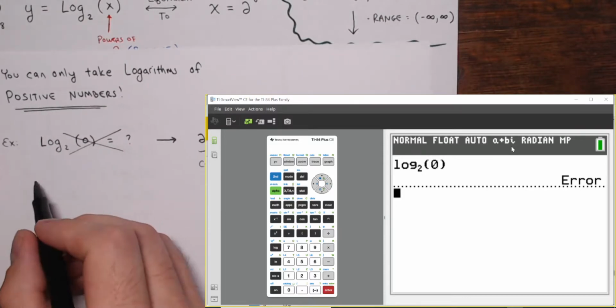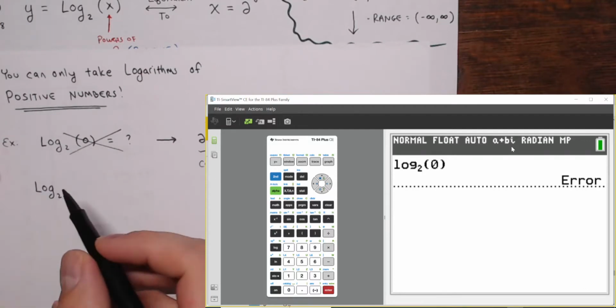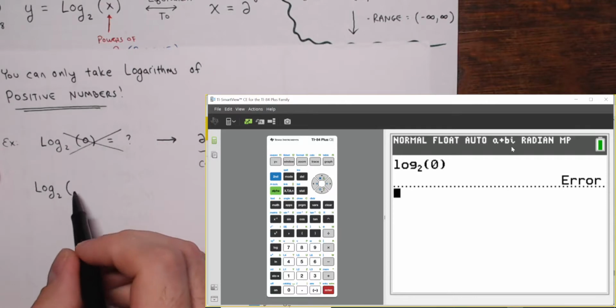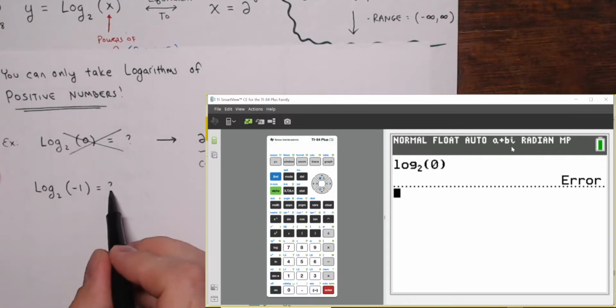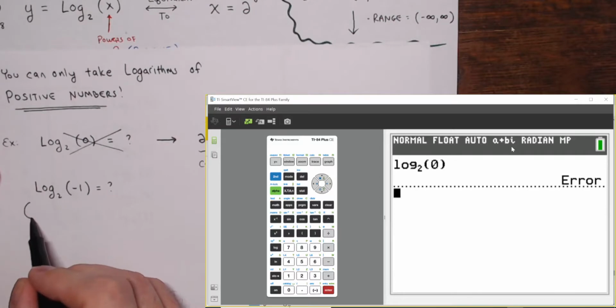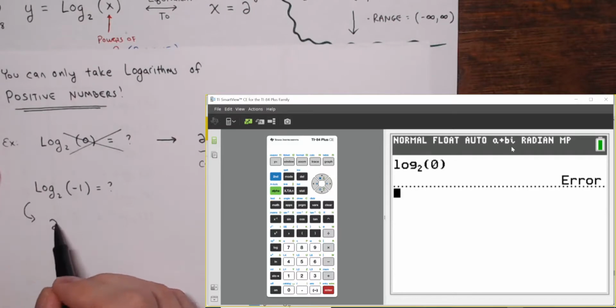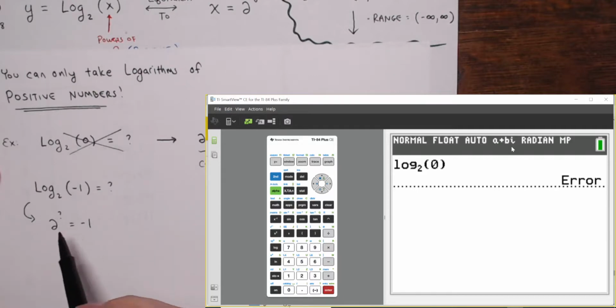But if you do log of a negative number, so say I wanted the log base 2 of -1, and I don't know what this is, it's equal to some question mark. Well, changing this to exponential form means 2 to some power equals -1. Again, this can't happen in the real numbers, okay?